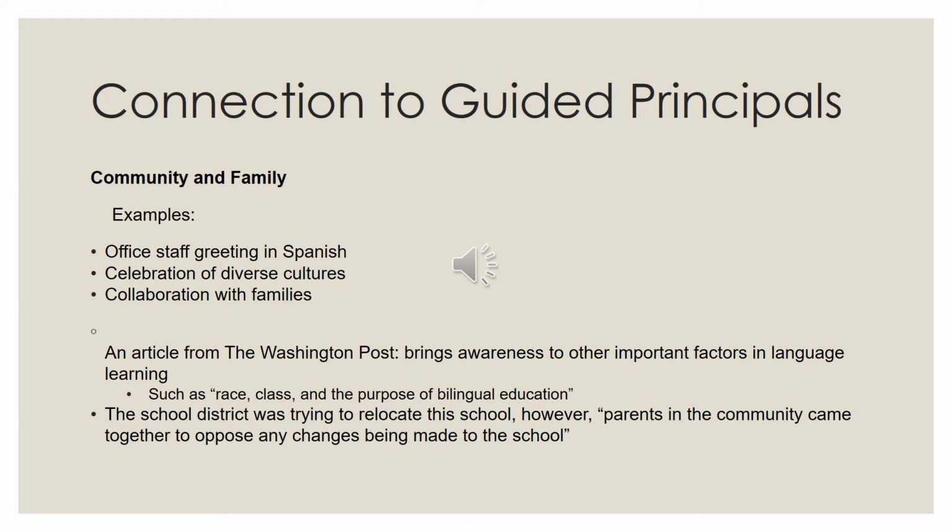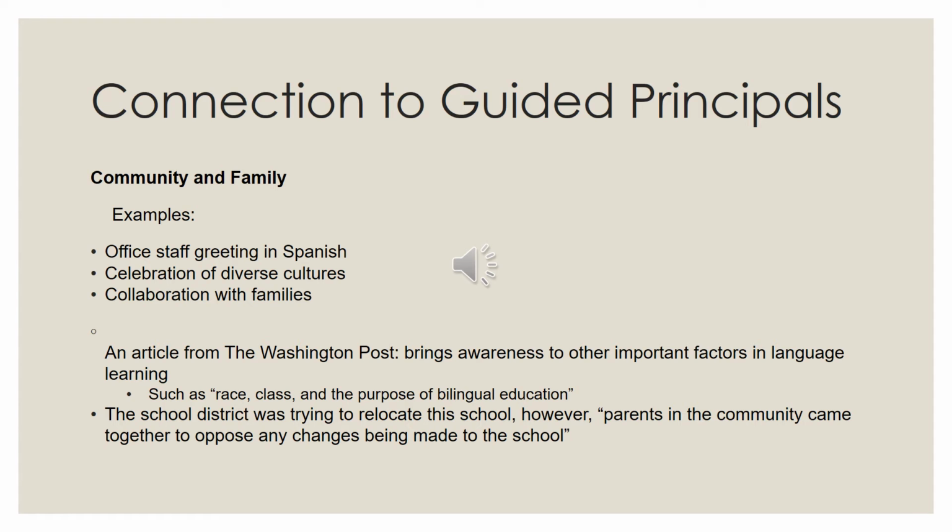Connection to guiding principles. So in this portion, we're going to talk about community and family and how important it is for the school to have that support from their community and their family. A couple of examples that we read were office staff greeting in Spanish, celebration of diverse cultures, and collaborations with families.